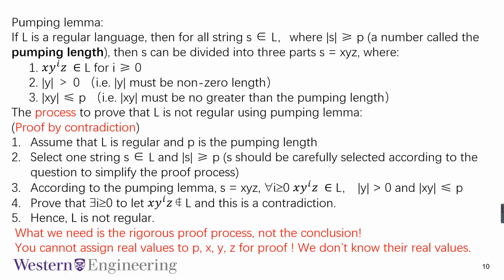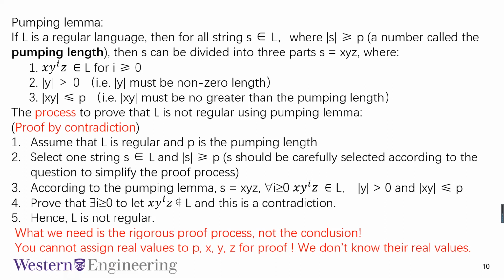The pumping lemma is used for proving a language is not regular, and the process to prove that language L is not regular using the pumping lemma is achieved by proof by contradiction. There are 5 steps.